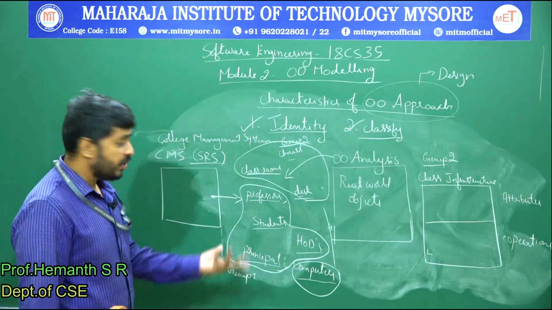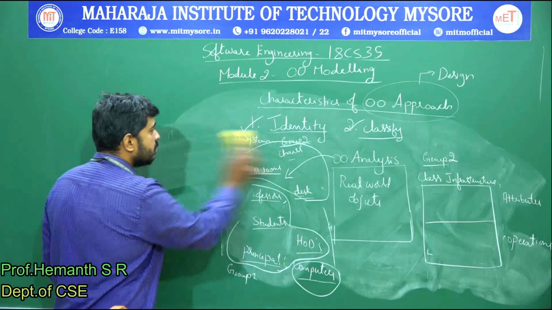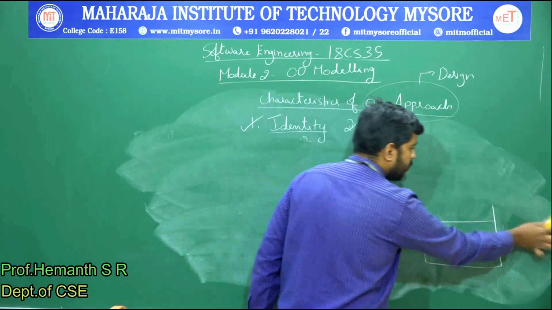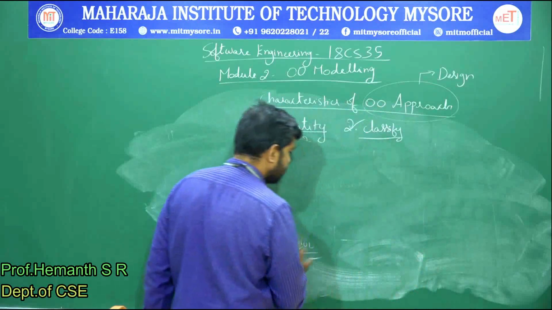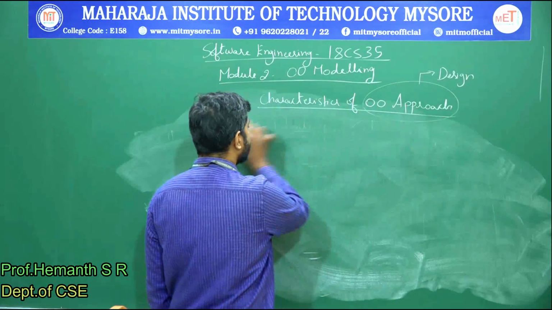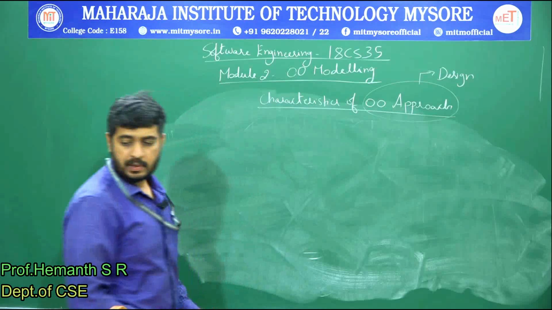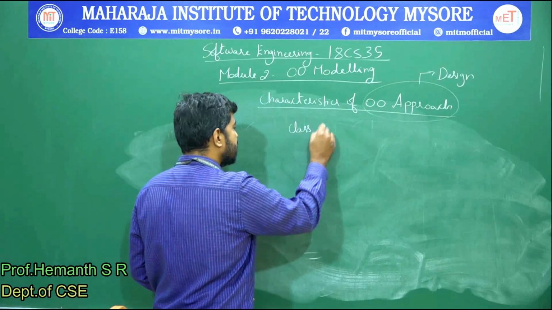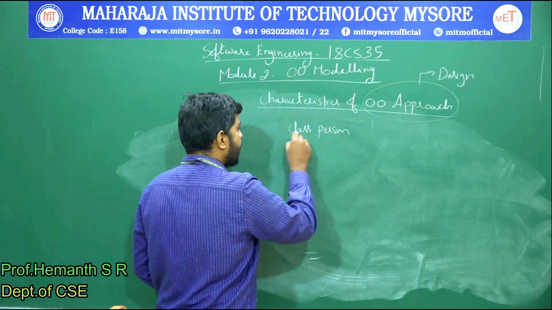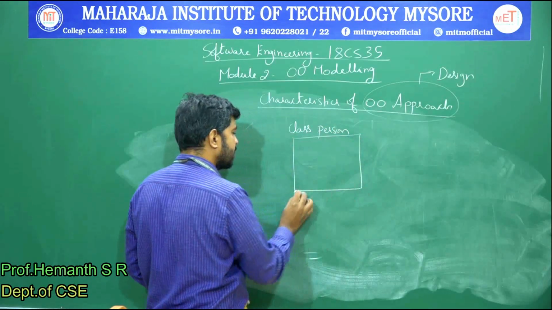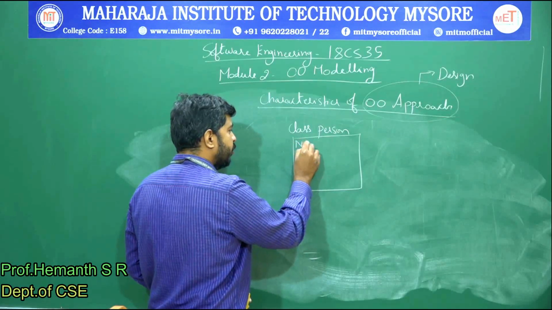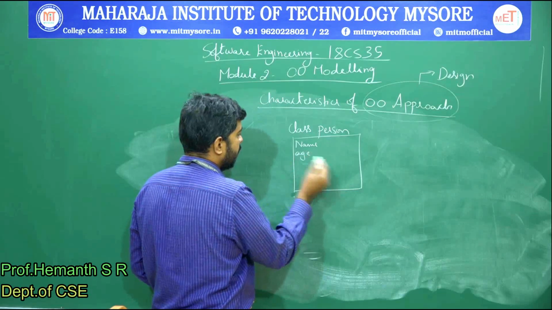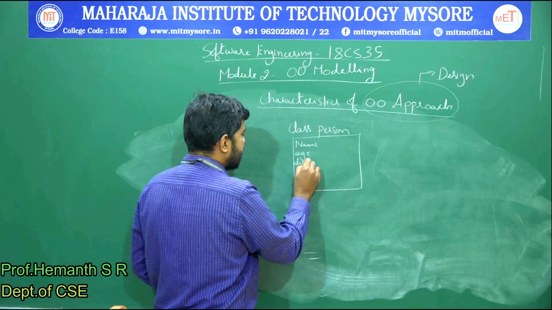Now what is the use of this? We have come out with classes now. We have created classes. Now what is the use of this class? For example, just now I created a class by name class person. I mentioned a few attributes like name, age, maybe designation.